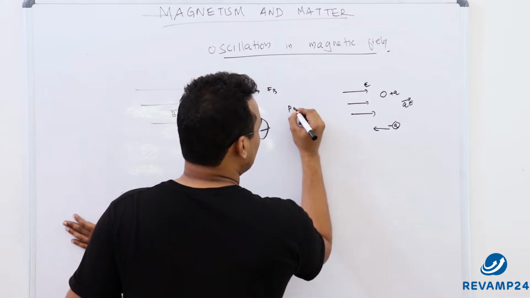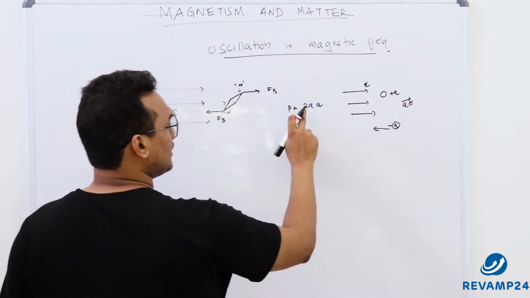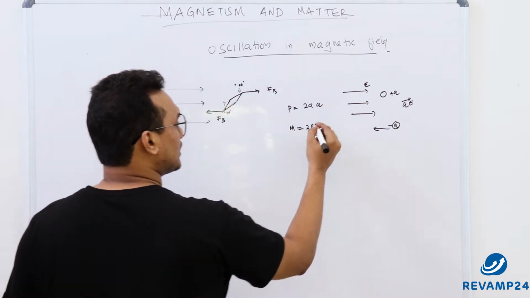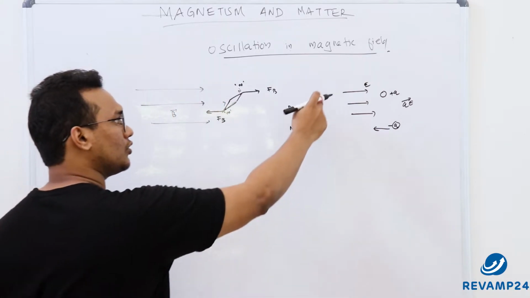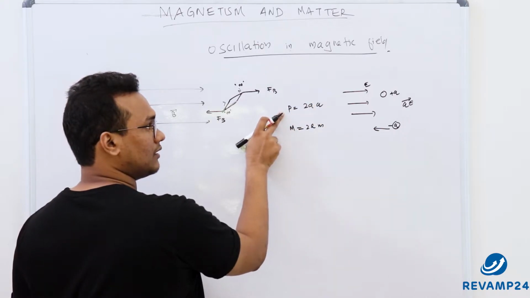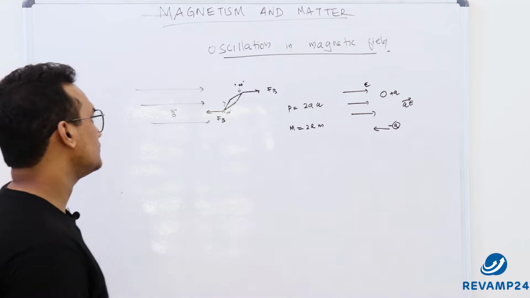In the case of the electric field, the dipole moment is P equal to 2AQ. Similarly, here, instead of 2A we will have 2L, and instead of Q we will have the pole strength. So Q and pole strength are analogous. Electric dipole moment and magnetic dipole moment are analogous.